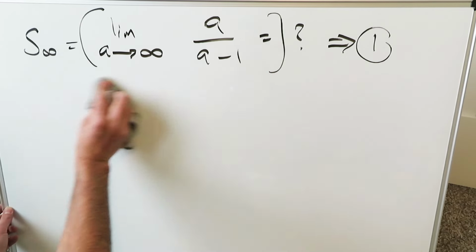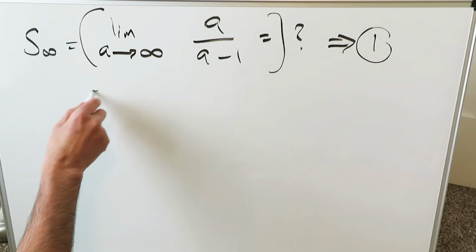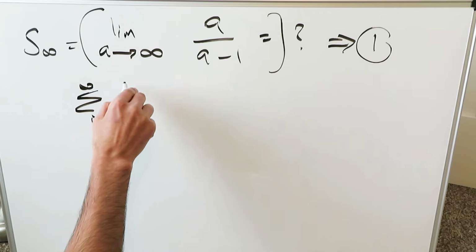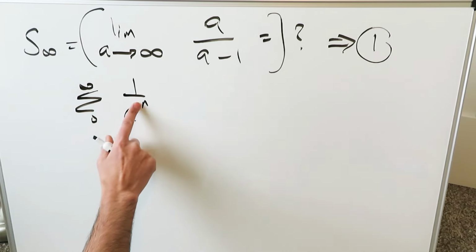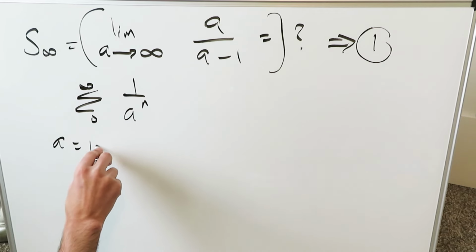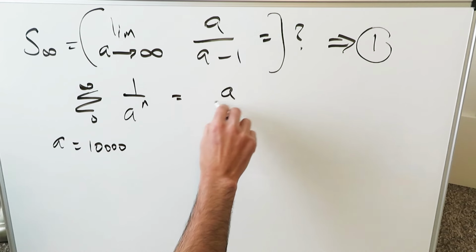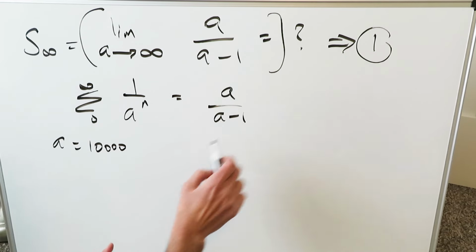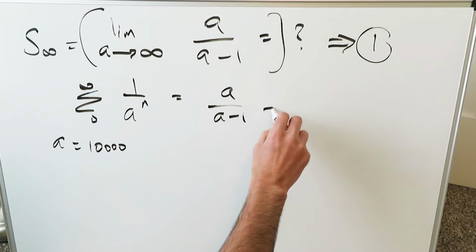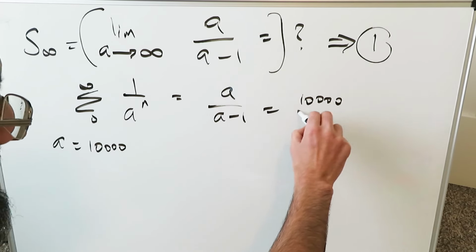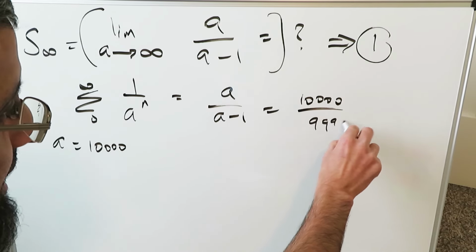And I'll show you why. If I have a rule which is the sum from 0 up to infinity of 1 over a to the power of n, but now I'm saying a is equal to, let's say, 10,000. And I told you it all breaks down into a over a minus 1. If a is equal to 10,000, plug away, you'll have 10,000 divided by 9,999.